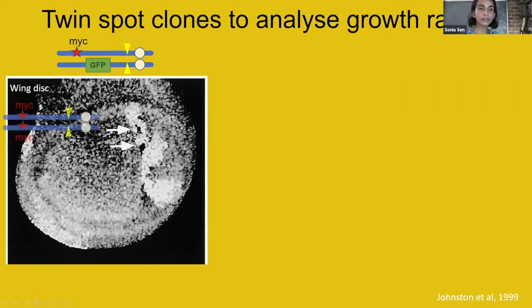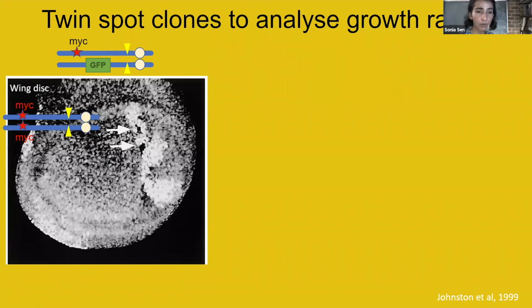And it's likely that those cells, because of that recombination event, have become recessive, have inherited both the mutant copies of the MYC gene. So they're now homozygous null for MYC, but also notice they've lost GFP. That's why there's no GFP in that patch of cells.